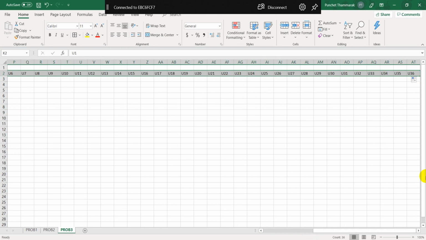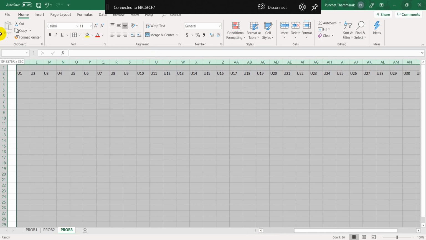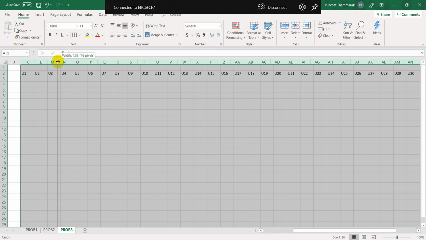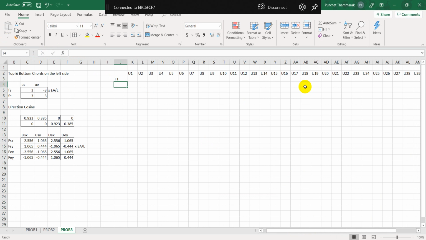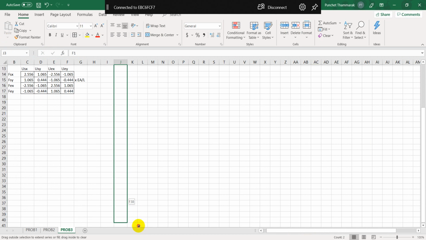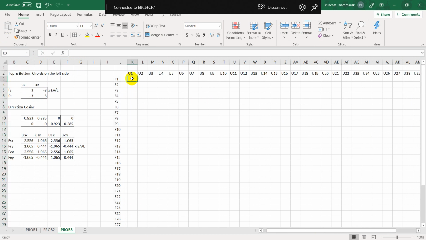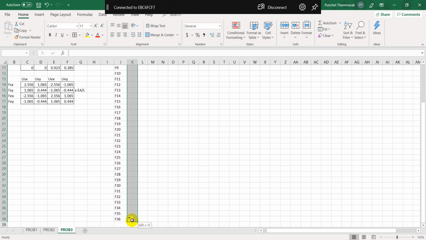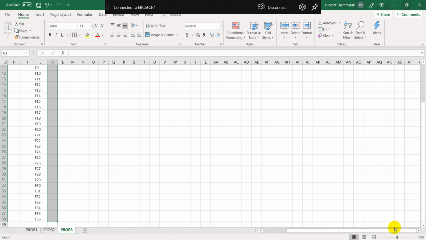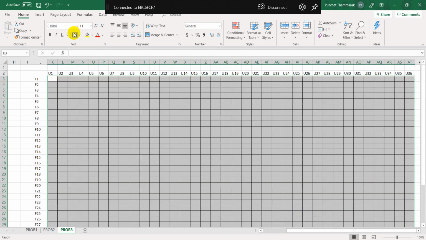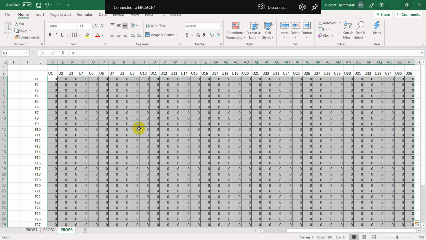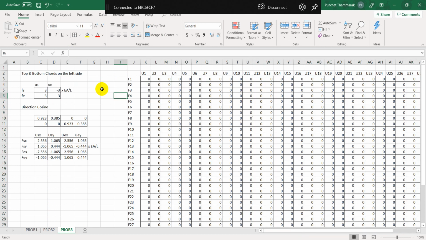Okay, then I can shrink it down a bit. Likewise, force 1, force 2, all the way to 36. Okay. Drop the 0 in.